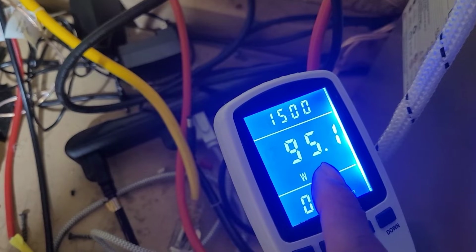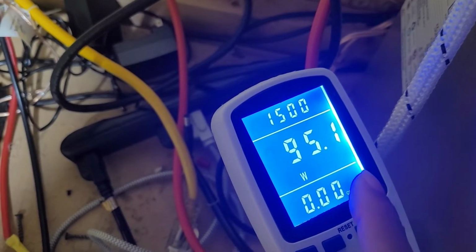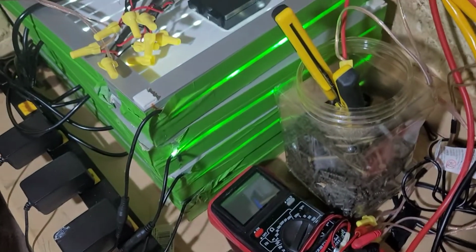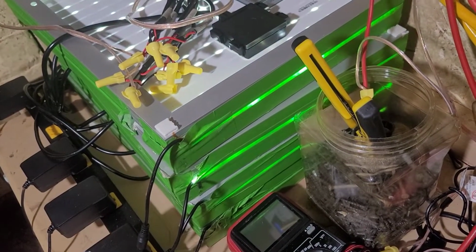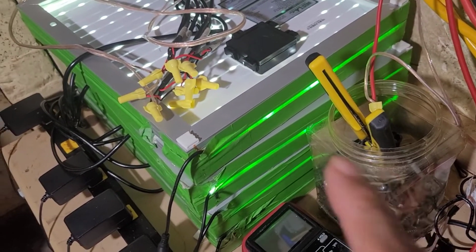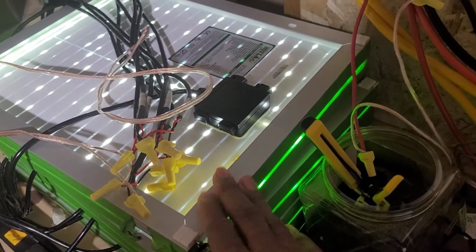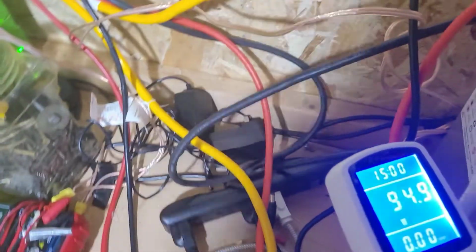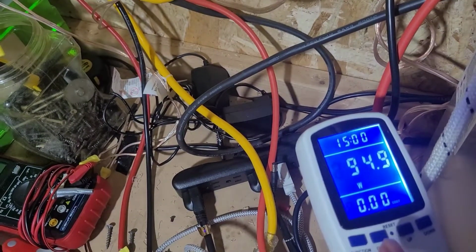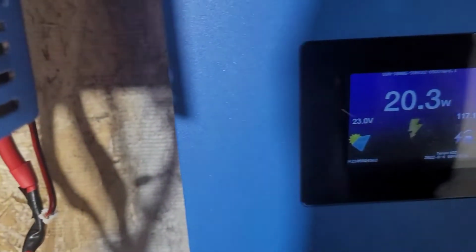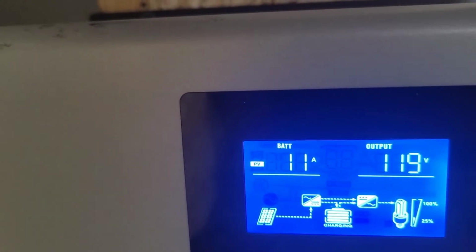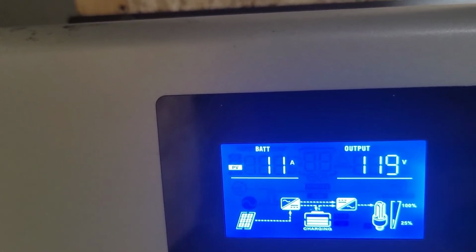That's 95.1 watts that it consumes. So what good is this? What good is this if you're consuming energy? Let's see, 95. Okay. And right now, 20. But we have an excess of 11 amps.